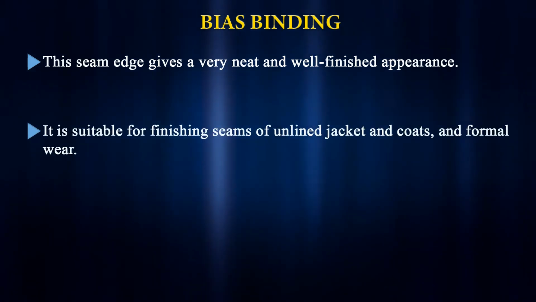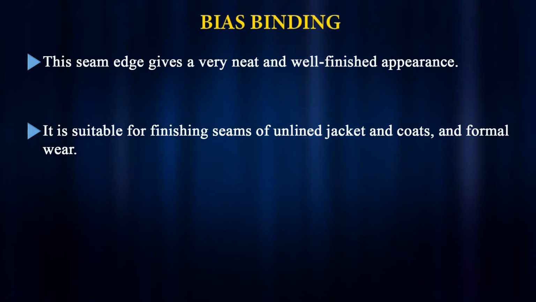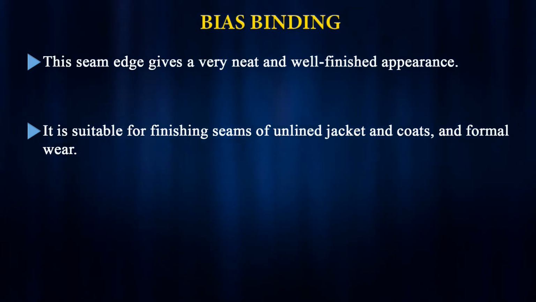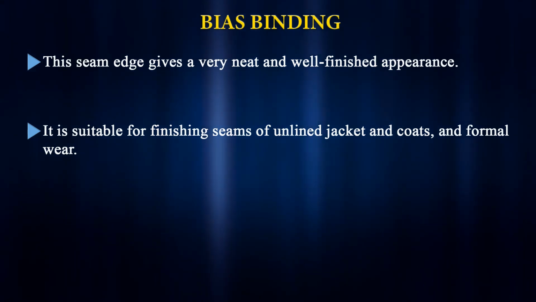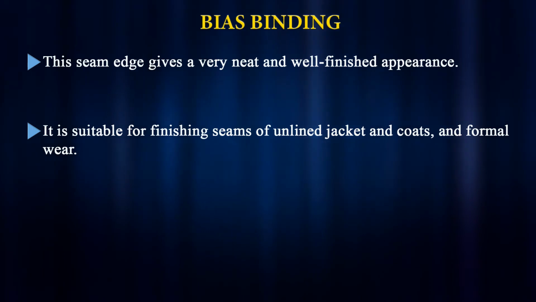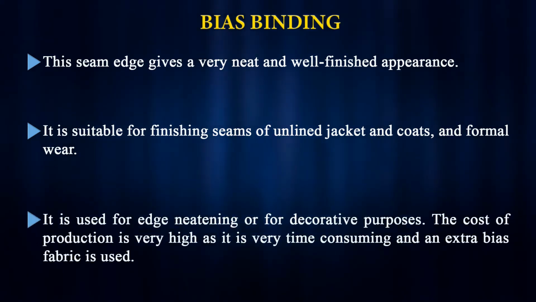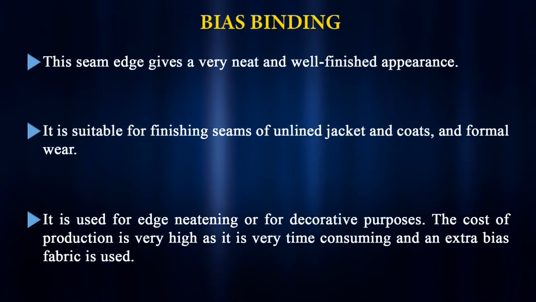It is suitable for finishing the seams of unlined jackets or coats, or formal wear. You generally see these finishes on your formal wear, the jacket you use or the coat we wear. It is used for edge neatening or for decorative purpose.